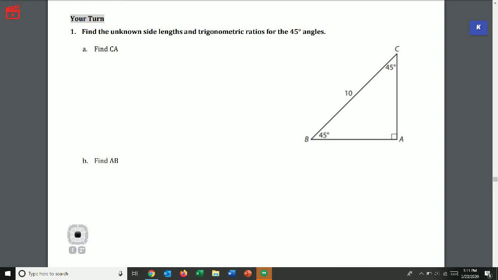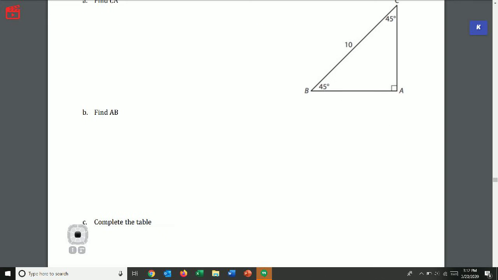So you have A, B, C. The first thing they want us to do is find CA. The second thing they want us to do is find AB. And then they want us to complete the table.